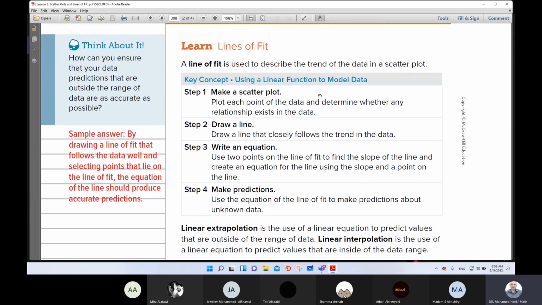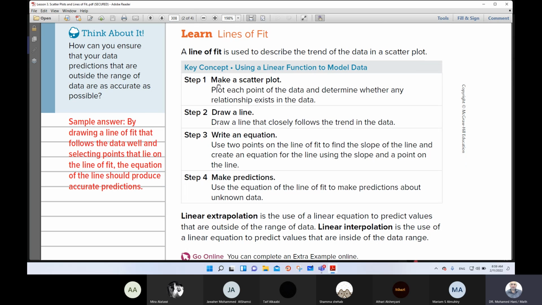The second idea: lines of fit. A line of fit is used to describe the trend of the data in a scatter plot. At the first step, make a scatter plot. Plot each point of the data and determine whether any relationship exists in the data. Then draw a line that closely follows the trend in the data.